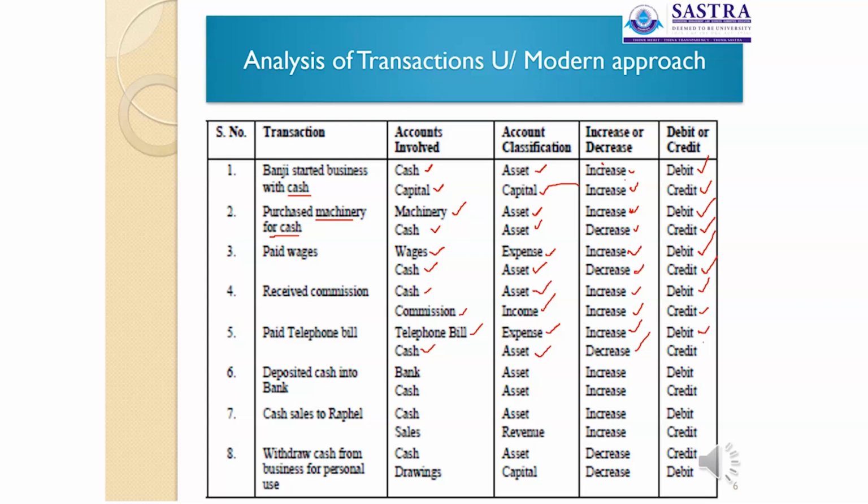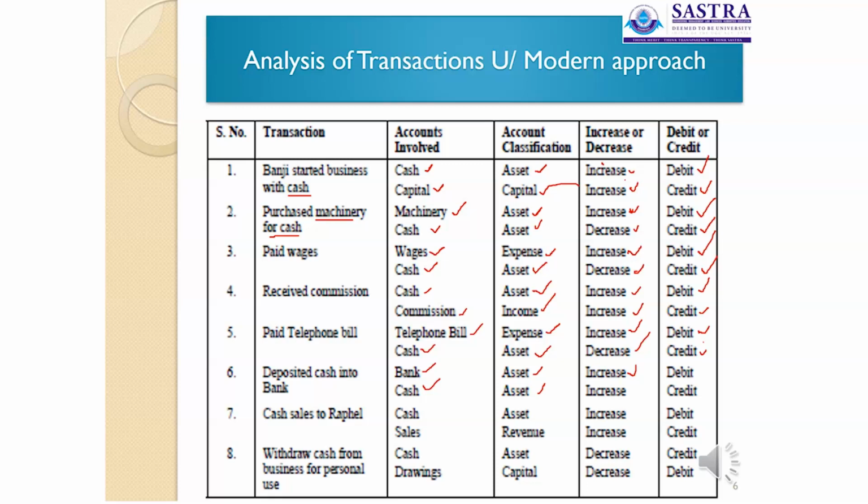Then deposited cash into bank. Here what are the accounts involved? One is bank account and another one is cash account. Here both are treated as assets. Bank balance will increase.